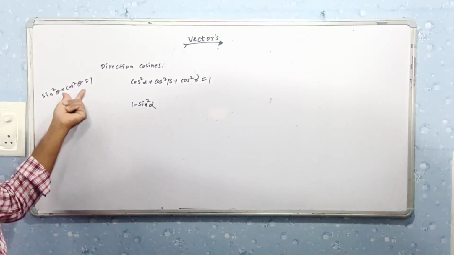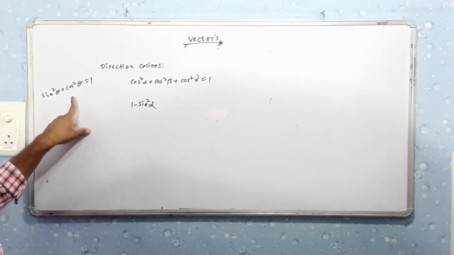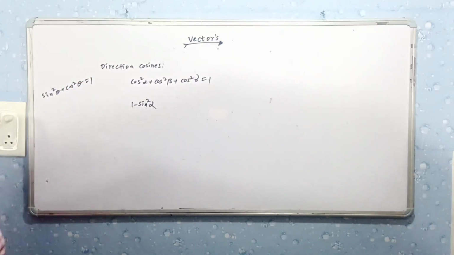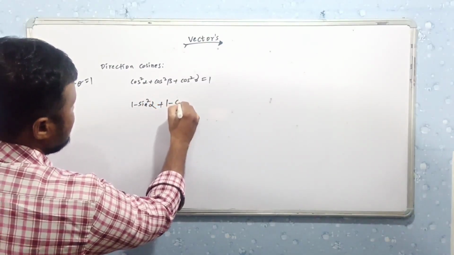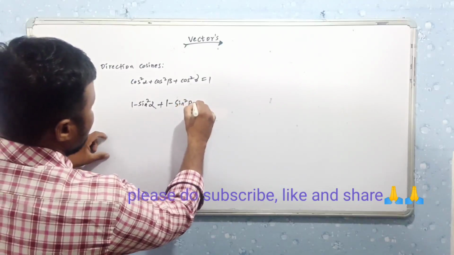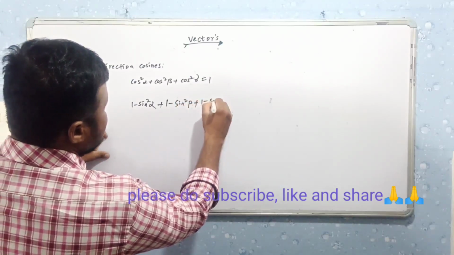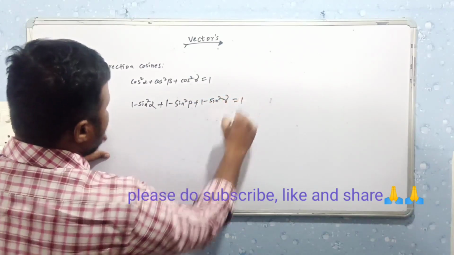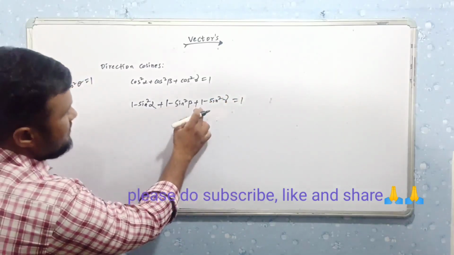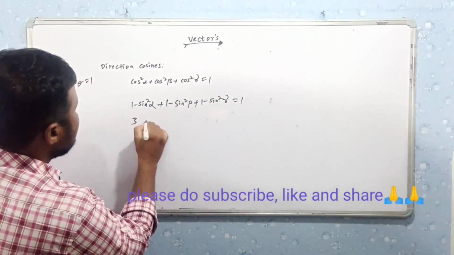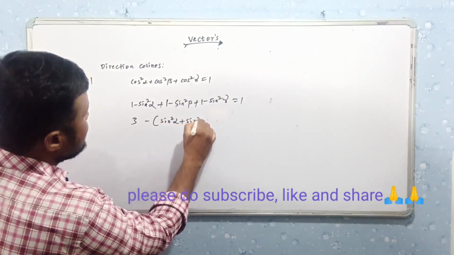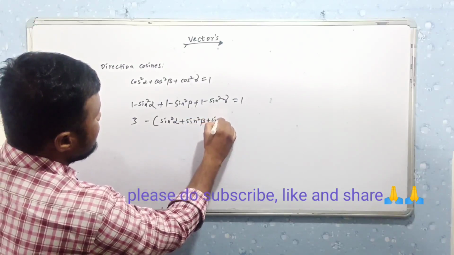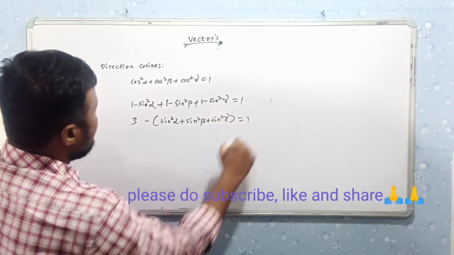So cos square theta is equal to 1 minus sin square theta. You can write 1 minus sin square alpha, and similarly for cos square beta, 1 minus sin square beta, plus 1 minus sin square gamma equal to 1. 1 plus 1 plus 1 is 3. 3 minus the common sin square alpha plus sin square beta plus sin square gamma is equal to 1.